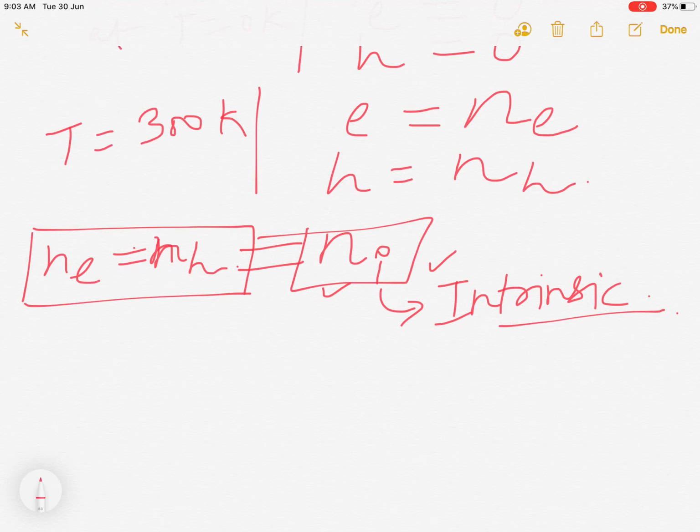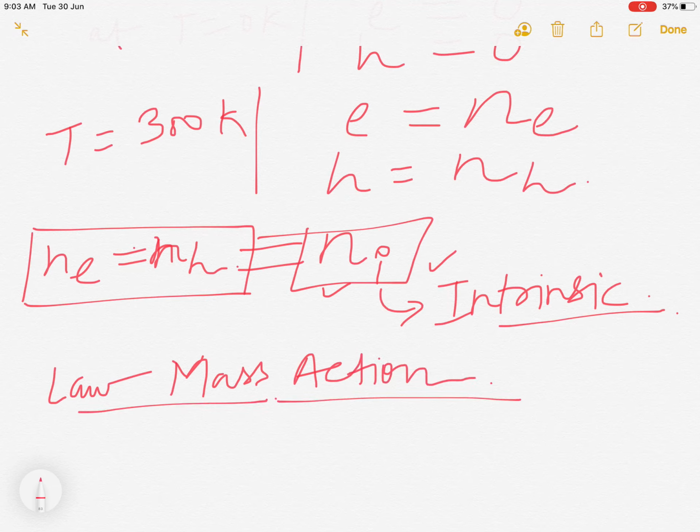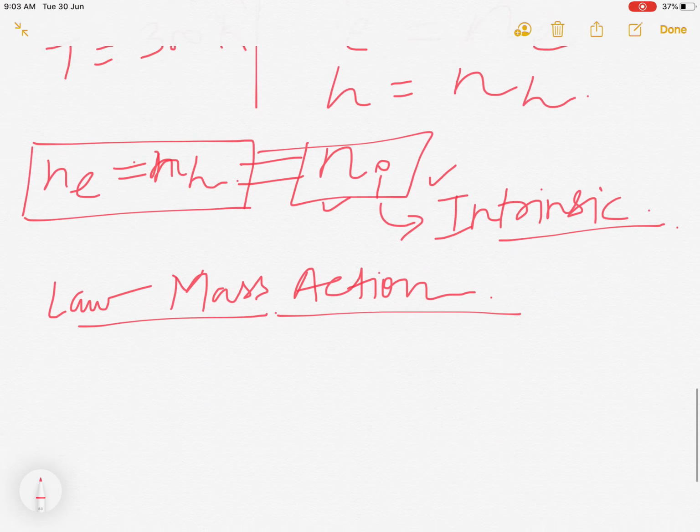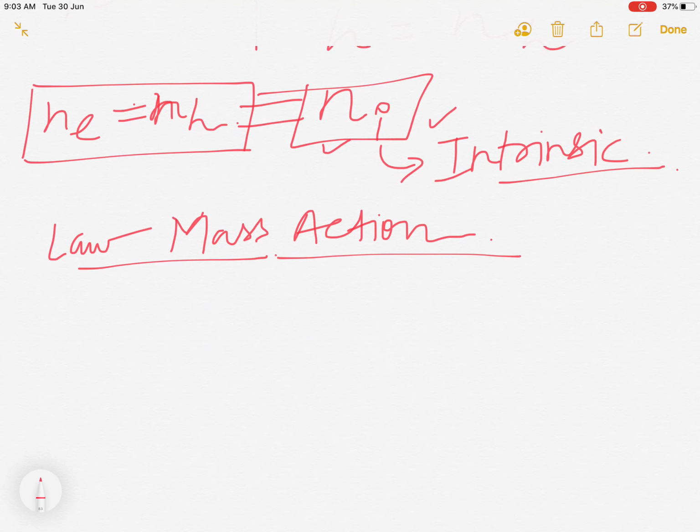Okay, next, there is a law of mass action, right? We need to understand this for understanding equilibrium concentration.